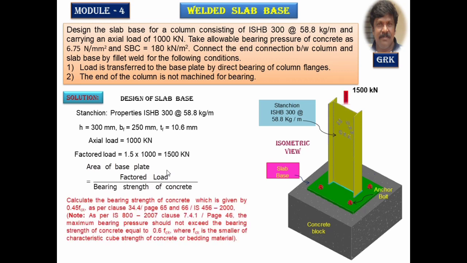As explained in the earlier session, the bearing strength is given by 0.45 times fck as given in pages 65 and 66 of the IS 456-2000 code, and in IS 800 it is given as 0.6 times fck, and we are adopting the permissible limit as 0.44 times fck in our design here. So bearing strength is 6.75.